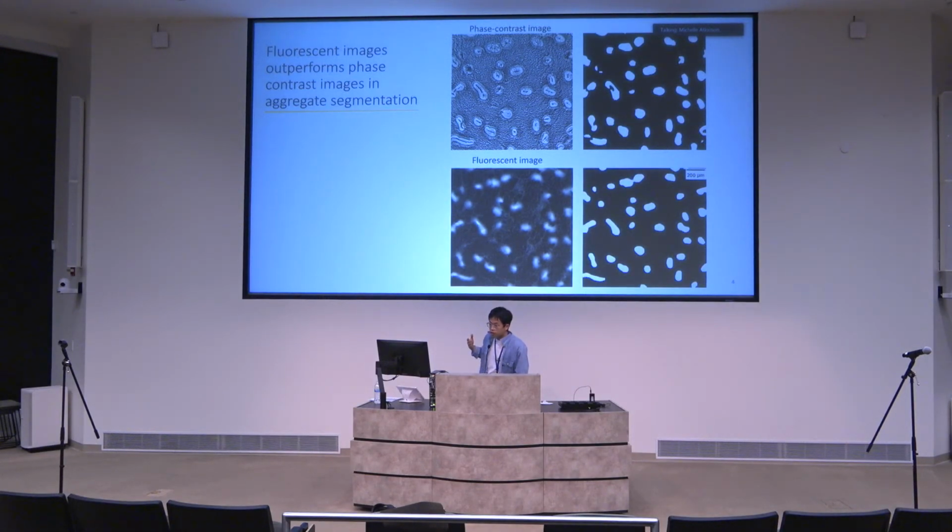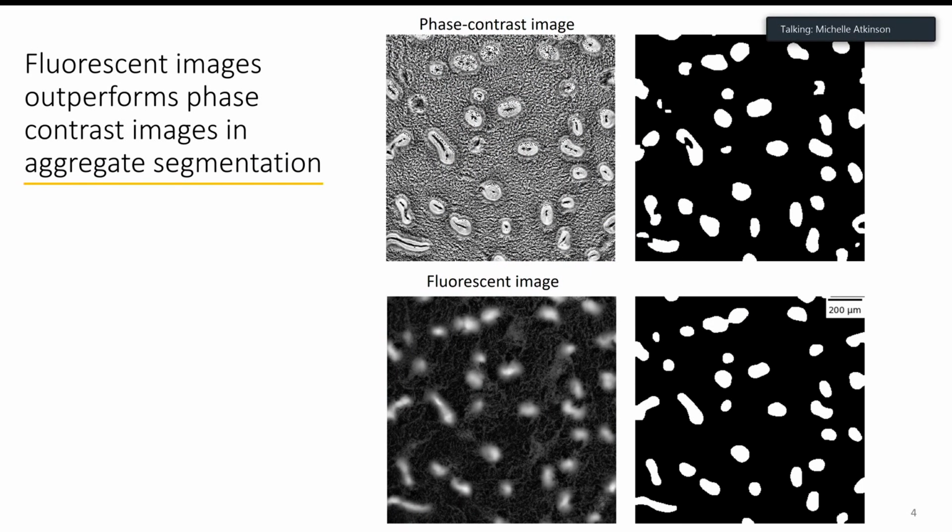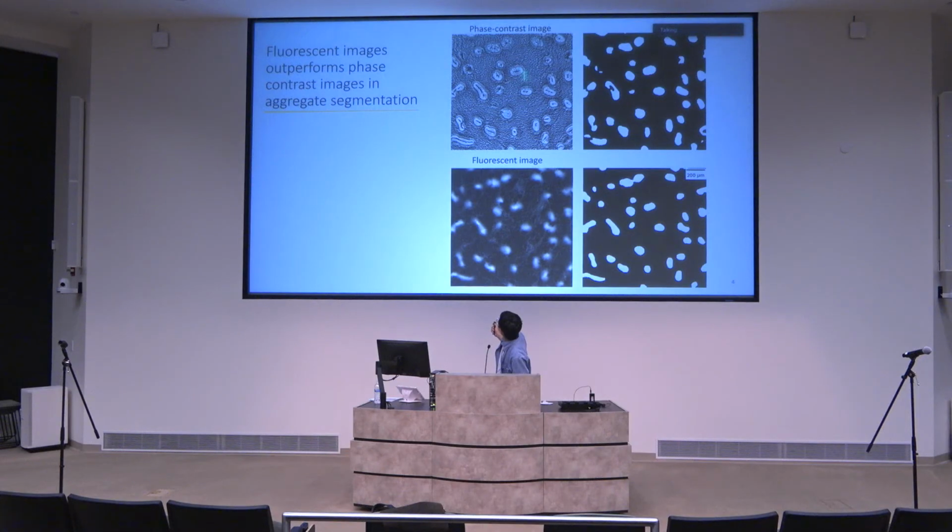Using the threshold-based method, we find that in the phase contrast image, most of the mature aggregates are well defined by their high intensity boundaries, and the middle can be filled by our algorithm. So they're well segmented.